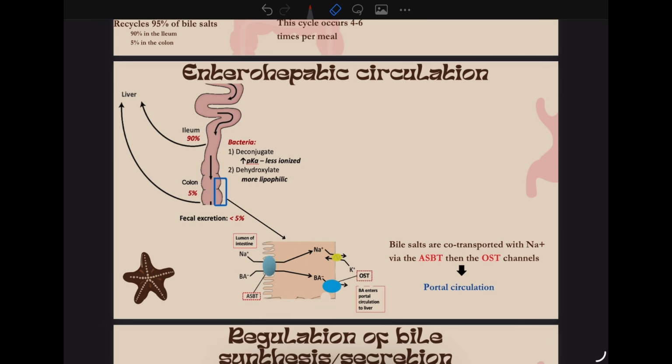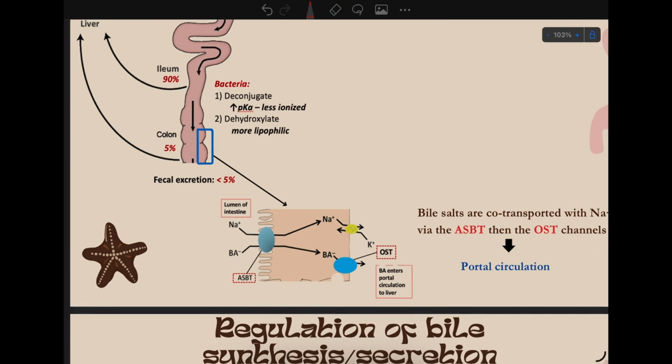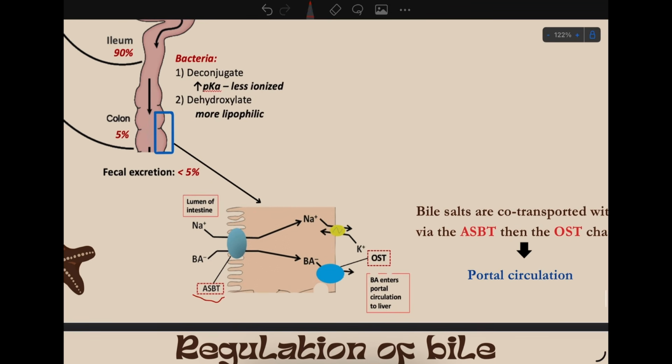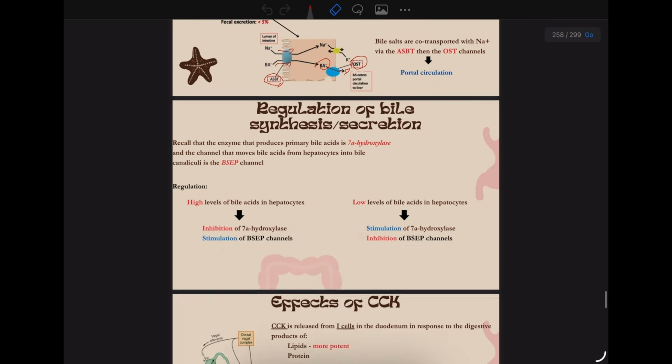But what about conjugated bile? How will it be absorbed in the intestines? By these transporters. Can you see? ASBT gets our bile acids with sodium into the cell, the intestine, and then bile acid will go out through OST channels. I just want you to remember the names. And then they go to the portal circulation and so on.